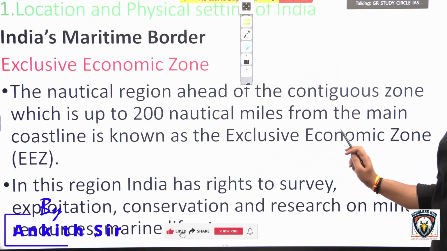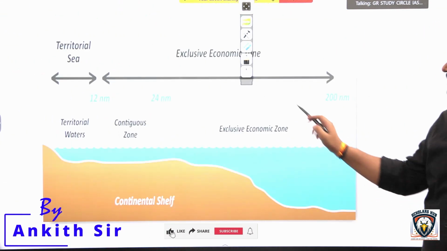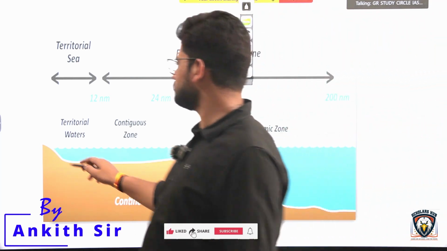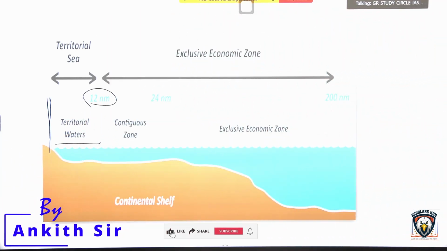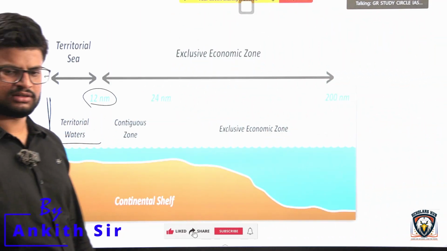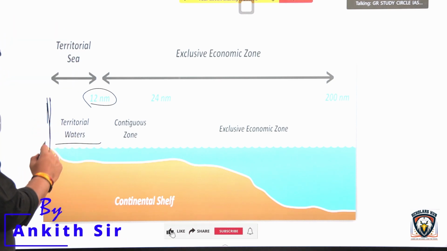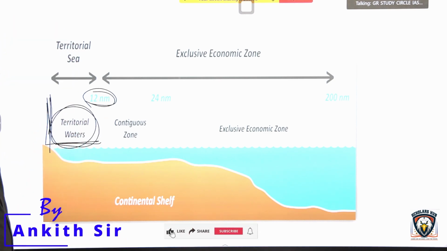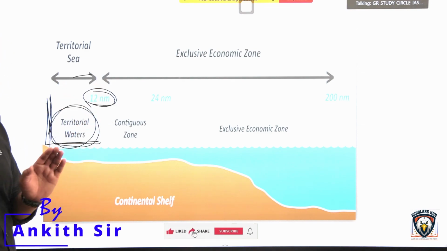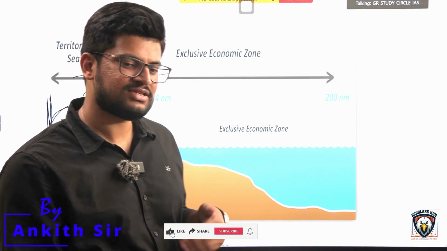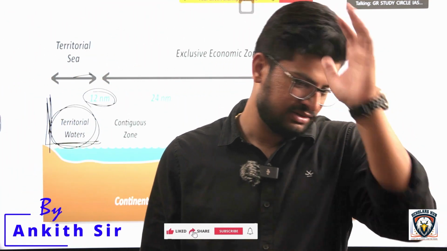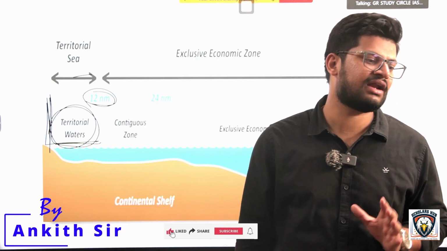So that's why we need to look into this maritime border concept. From the coast to 12 nautical miles, where 1 nautical mile is equal to 1.8 kilometers, is considered territorial sea. We have complete authority in this. If any ship enters this region without our permission, we can attack it, just like our land territory.